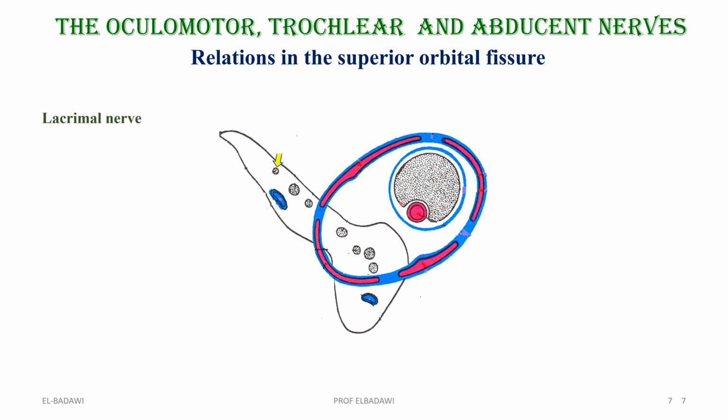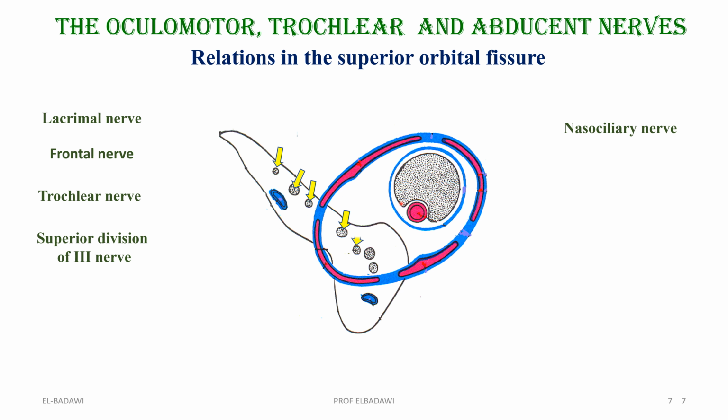The most lateral one is the lacrimal, outside the ring, then followed by the frontal, and lastly the trochlear outside. Inside will be the superior division of the oculomotor, then the nasociliary nerve, and then the inferior division of the oculomotor. So between the two divisions will be the nasociliary, and lastly the abducent in the most lateral part. That's the relations in the superior orbital fissure.